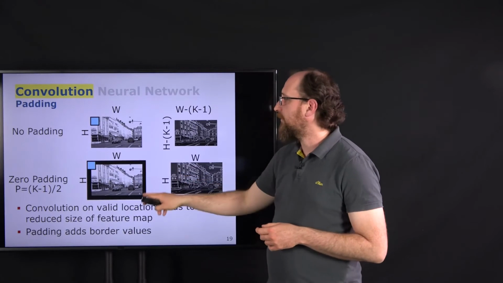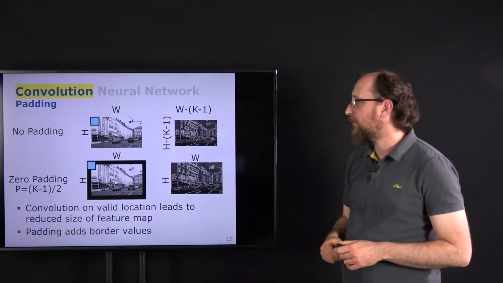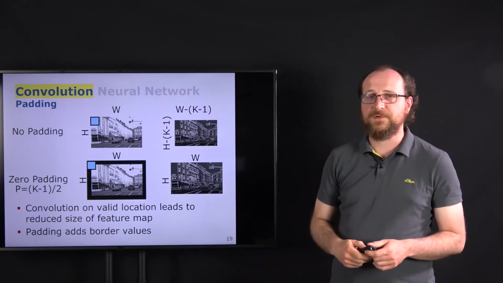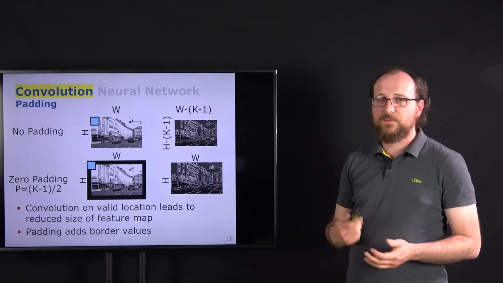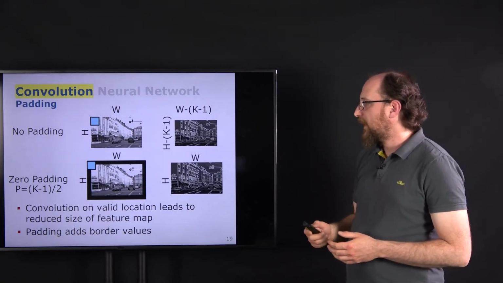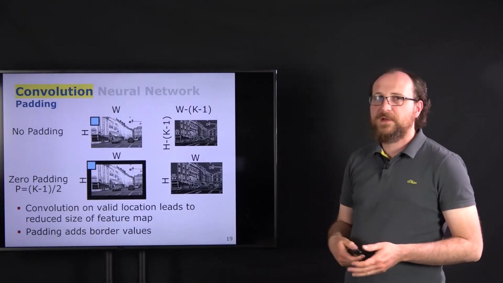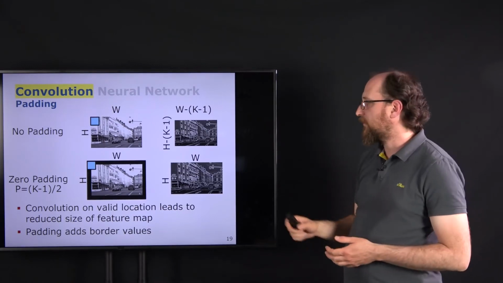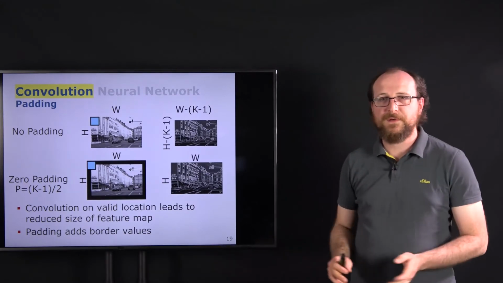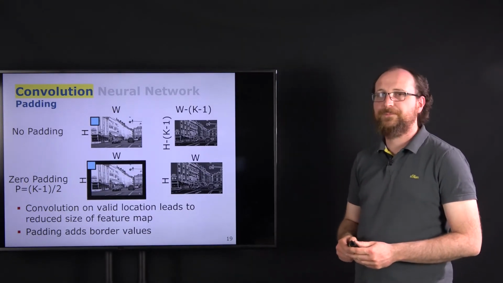We are just adding zeros at the boundary of the image, and then we retain the size of the image. So padding is something that you will often see applied in papers. Of course, we cannot only use zero padding, we can also have other ideas like reflecting the image out or something like this. But usually zero padding is just fine for us.